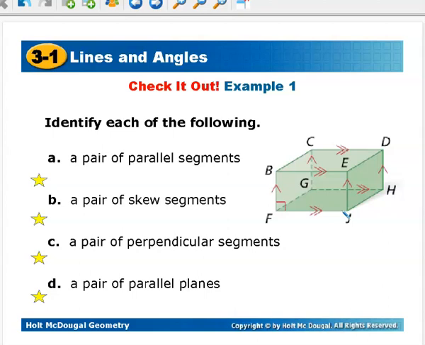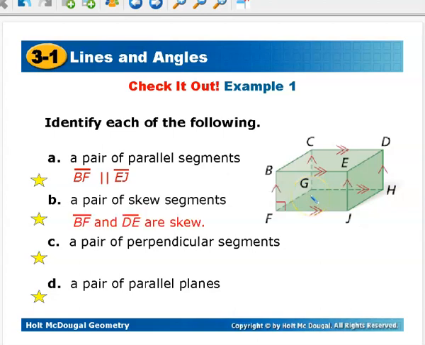Okay, so let's check it out. Now then, again, these are examples of answers. BF is parallel to EJ. BF and EJ, good. And again, look for these signifiers here, right? Parallel is what they indicate.